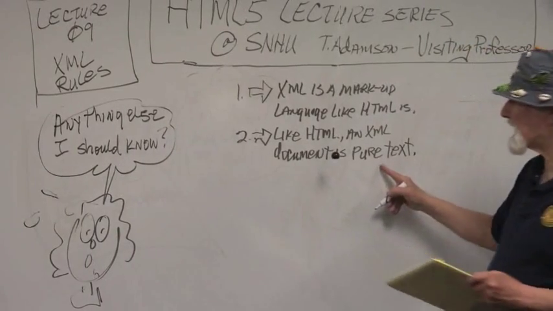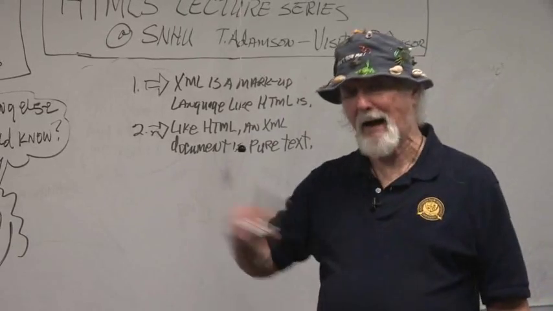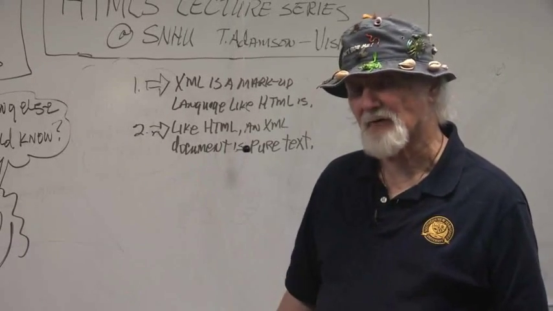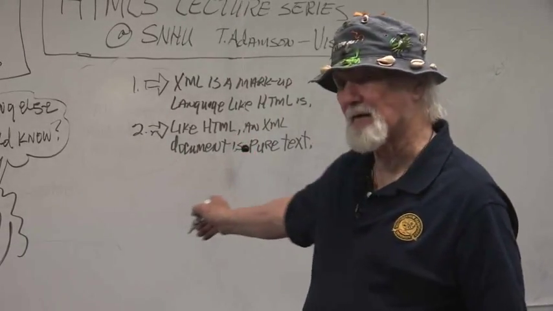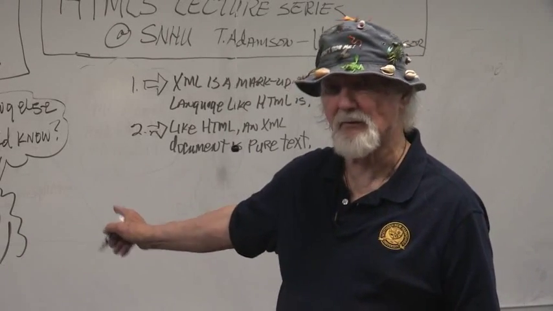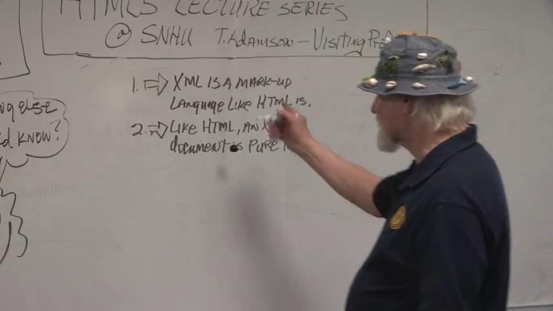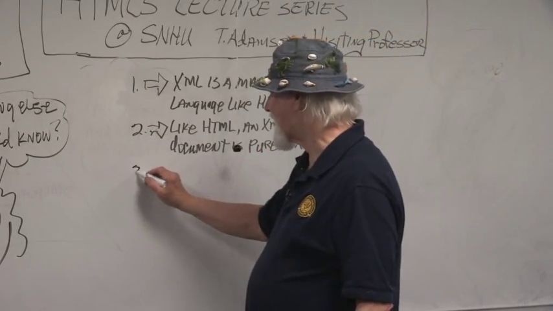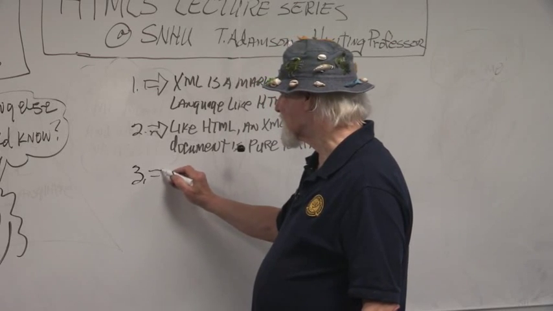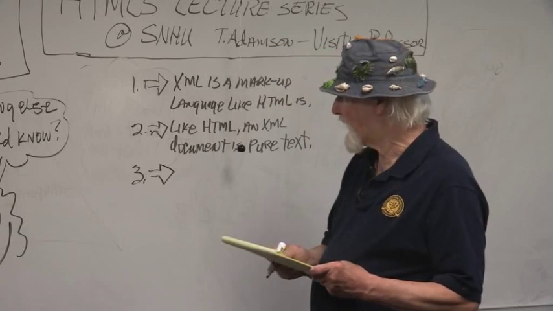Now, what that means, that's really important, because what that means is that you don't have to buy anything to use XML. You don't have to buy anything to create an XML document. Anything in XML that you need to do is totally free. Why? Because it's all just simple text. Just like with HTML. You don't need to buy anything at all in order to use all the powers in HTML, HTML5.